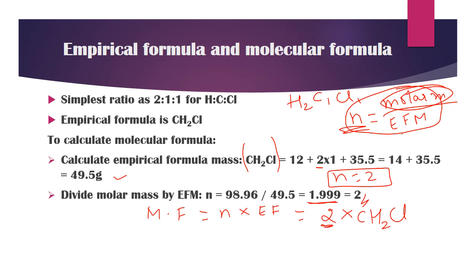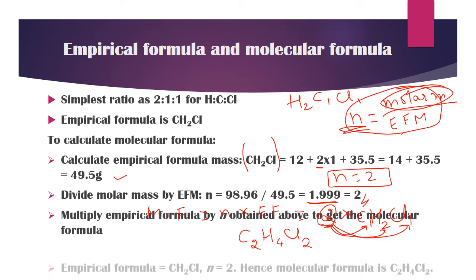Here this number 2 is multiplied with the subscripts to get the molecular formula. So the molecular formula will be 2 into 1, that will be C2, 2 into 2, that will be H4, and 2 into 1, that is Cl2. So that is our molecular formula.